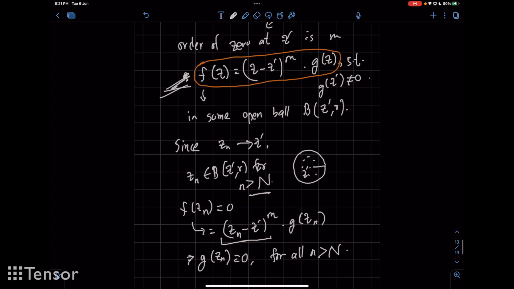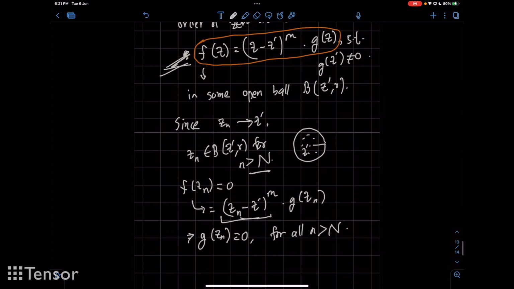If I plug in the value of Zn in this equation, I get that f of Zn is equal to (Zn minus Z prime) to the power m times g of Zn. Since f of Zn is 0 and this factor is non-zero, I must have that g of Zn is 0.